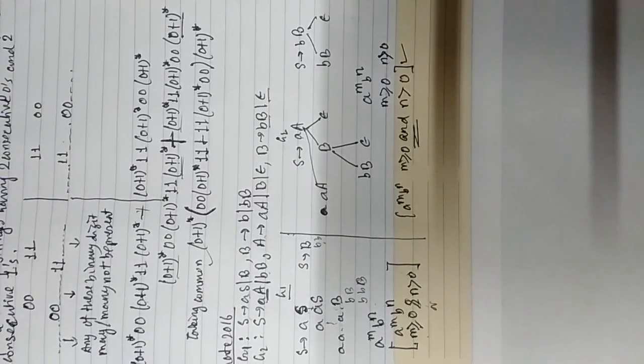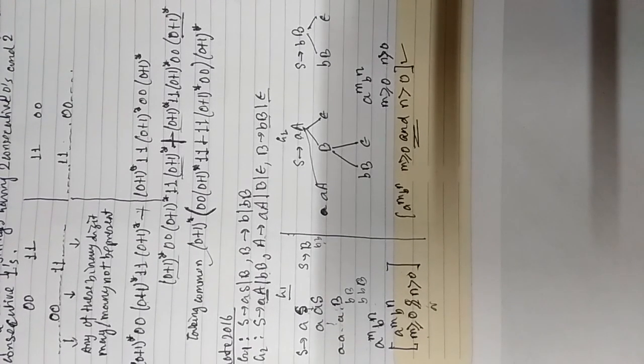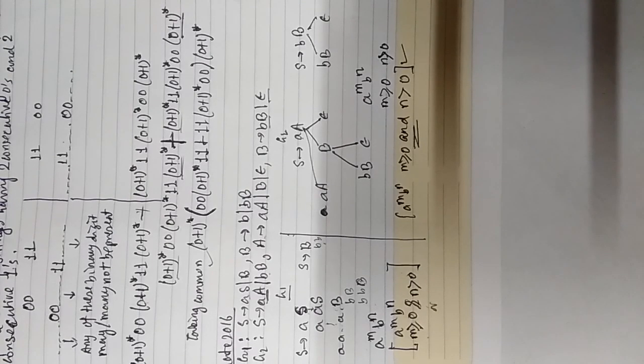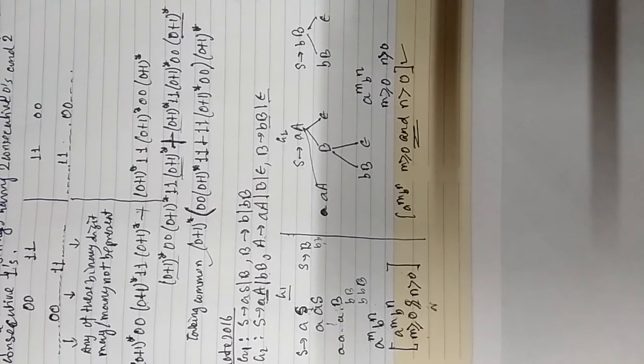Now hope you understand these 2 problems. We will do another problem in the next video, which is based on regular languages. Before doing that, you should go through the closure of regular and context-free languages under union, intersection, and minus.